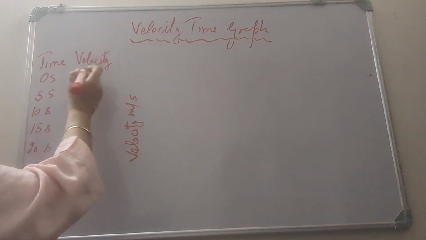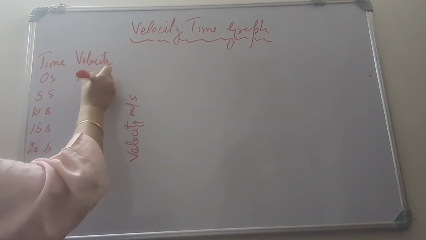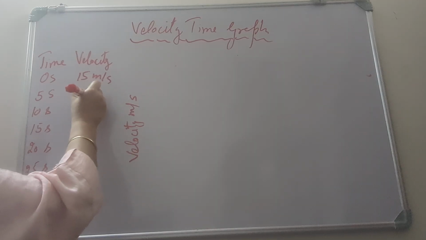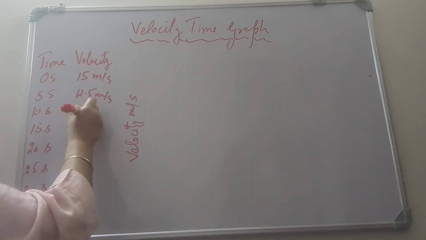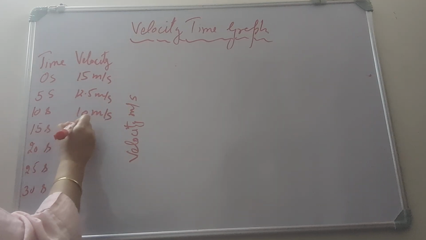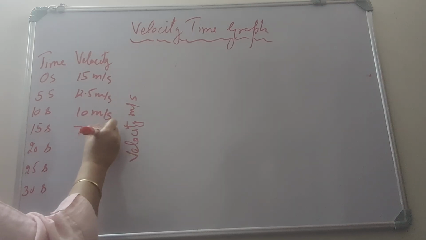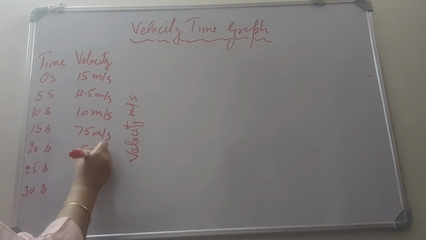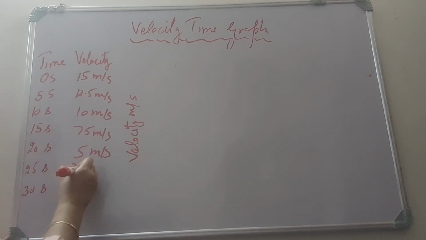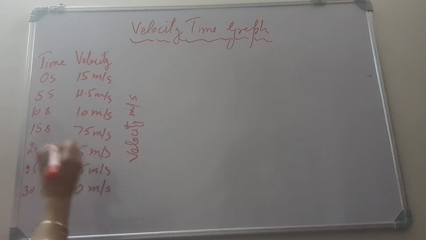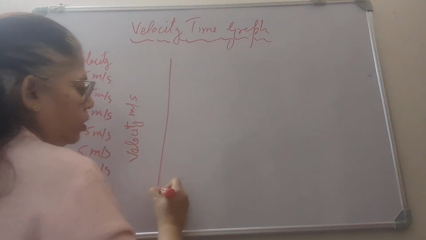We have 0, 15 meters per second, 12.5 meters per second, 10 meters per second, 7.5 meters per second, 5 meters per second, 2.5 meters per second, and 0 meters per second. This is velocity.